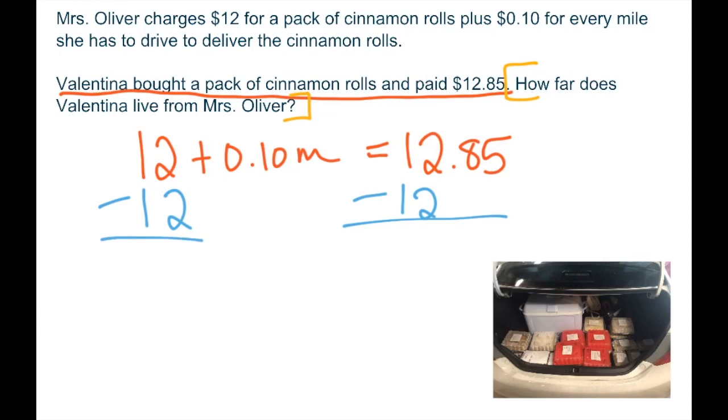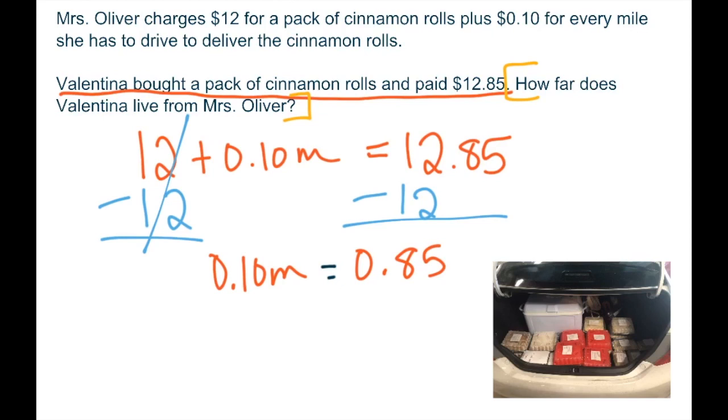When I do that, 12 minus 12 will just give me 0. So I'm left with my 10 cents times m, which is equal to $12.85 minus $12 leaves me with just 85 cents. All right?